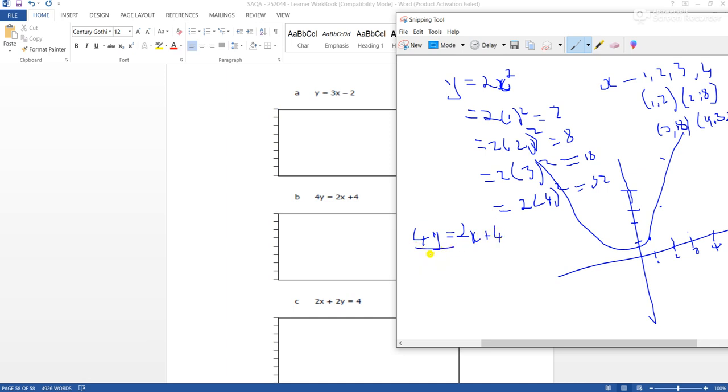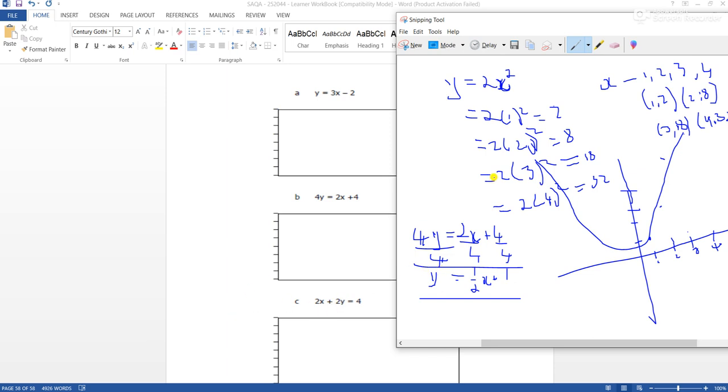You need to divide everything by 4. 4 will cancel 4. You get a half x plus 1. So this will be the original equation.